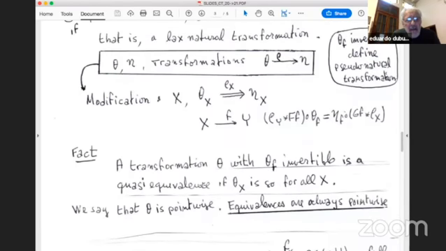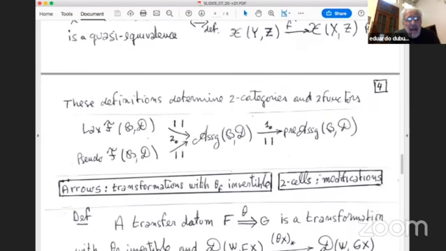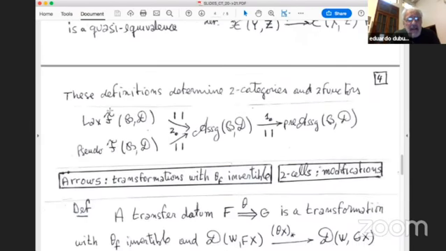What we just have done is define, you see here, four categories, functor categories, I would say: the category of pre-assignments, the category of assignments, and the categories of lax functors and of pseudo functors.